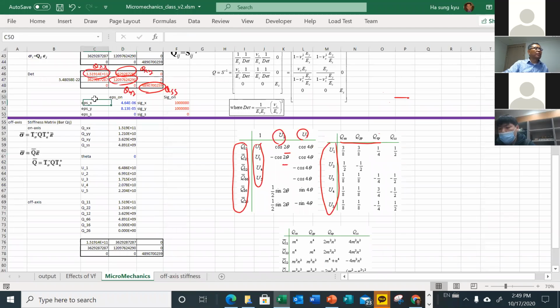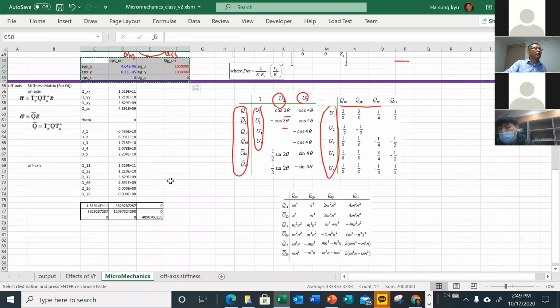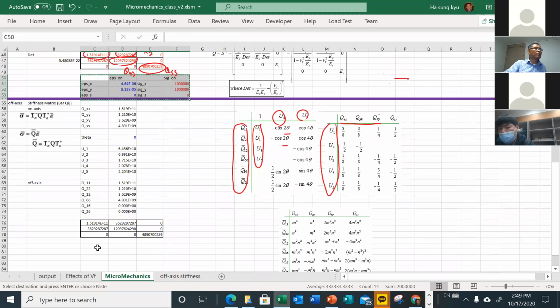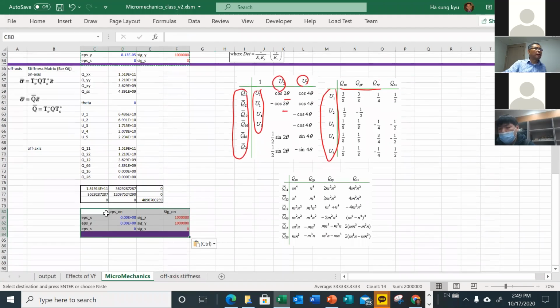Now, similar to this, I would like to copy this form, and now the on-axis quantities are epsilon on-axis and sigma on-axis.